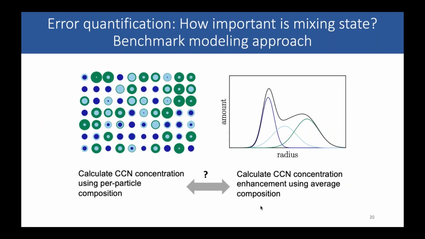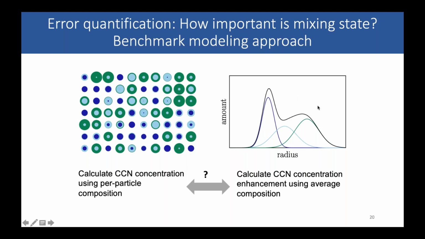Another way of figuring out how important mixing state is, is this benchmark modeling approach. With the model approaches that I introduced before, we can use a very highly detailed model, run a simulation, and calculate cloud condensation concentration using really detailed information about the per-particle composition.